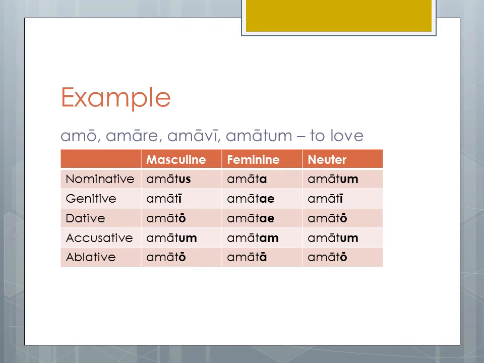For the feminine, we see first declension endings, a, ae, ae, am, and long a. And the neuter also will be using second declension like the masculine, but remember that in the neuter, the nominative will end with um. The others will match up nicely with the masculine forms, long I in the genitive, long o in the dative, um in the accusative, and long o in the ablative.